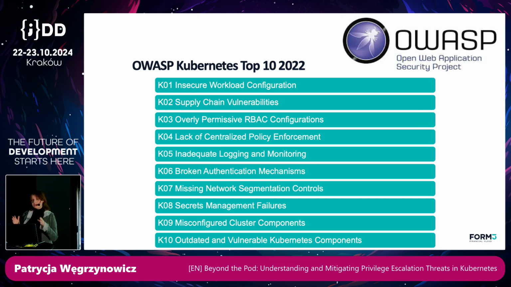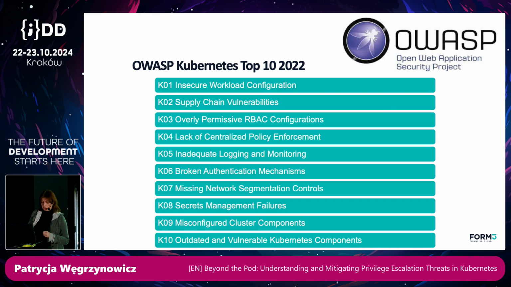So if you have different deployments in the same cluster, you need to think about network segmentation yourself. So it's your job to deploy proper network policies to, for example, block any traffic between two namespaces.